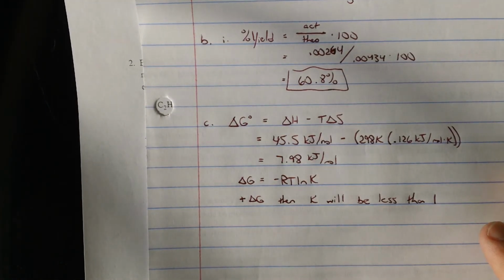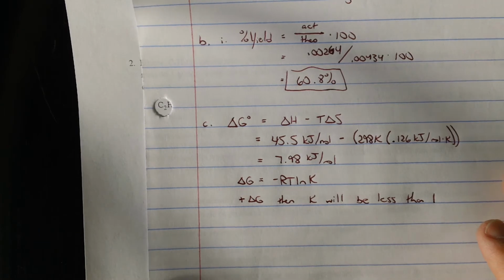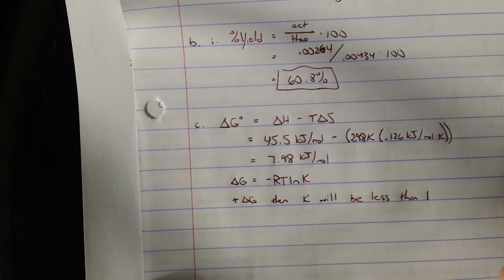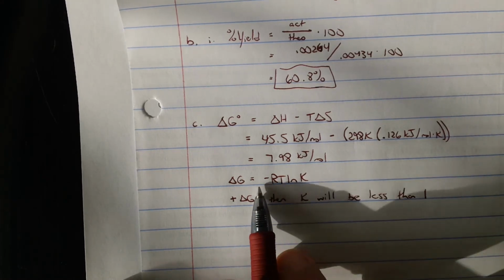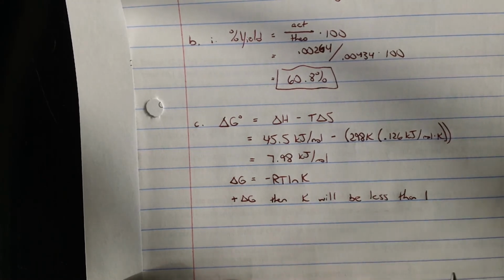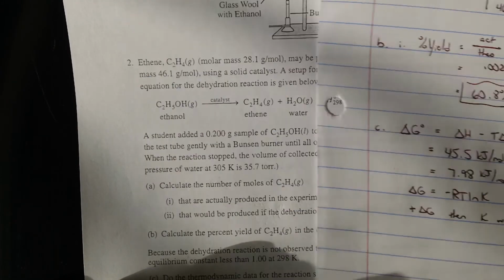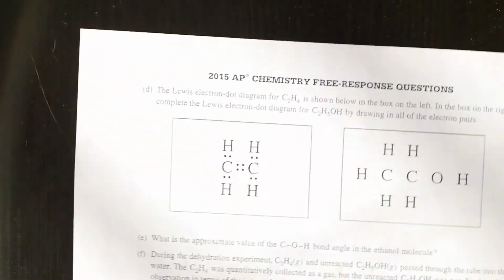So yes, positive delta G, or delta G bigger than 0, means the reaction favors reactants. K must be less than 1. Use that equation to justify the statement that you make. Good? Good.